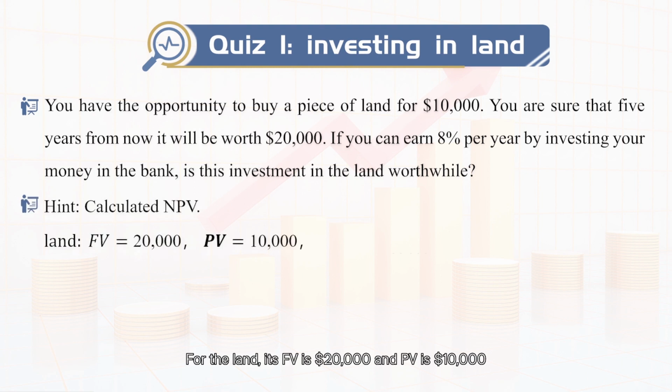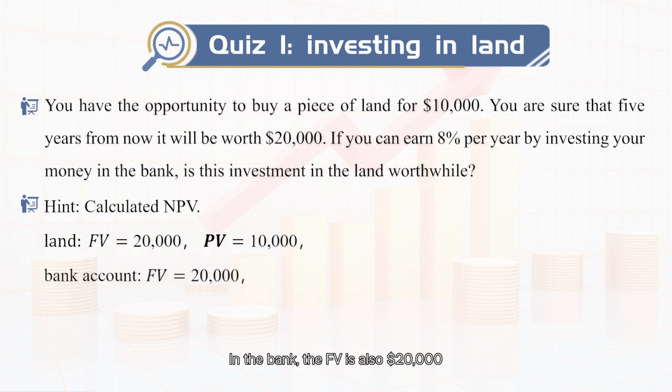For the land, its FV is $20,000 and PV is $10,000. In the bank, the FV is also $20,000. The interest rate I is 8%, and the number of years N is 5.